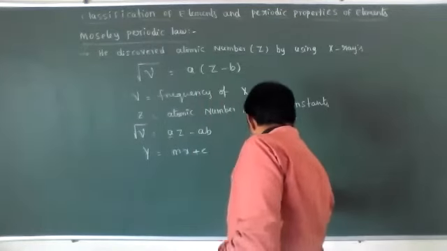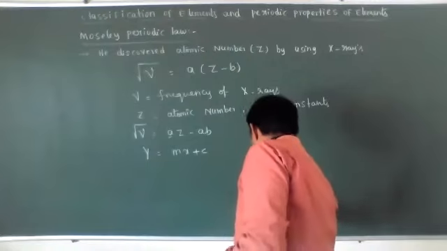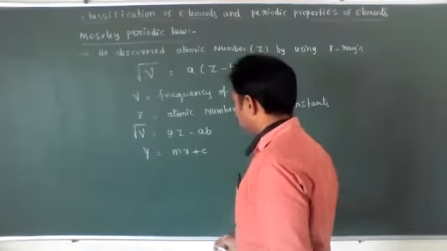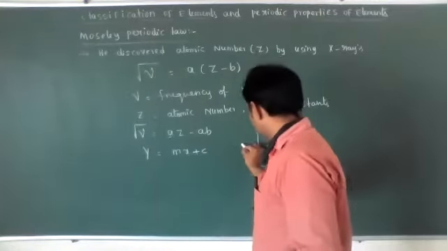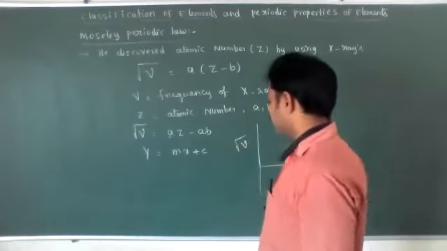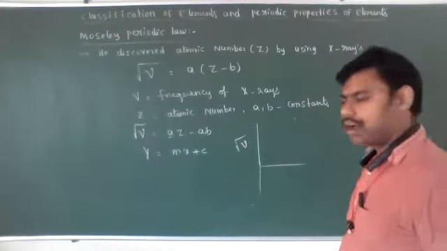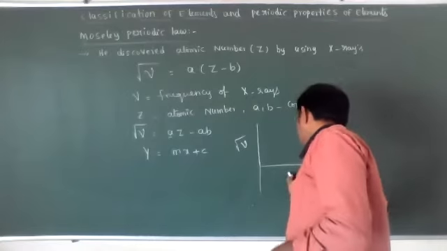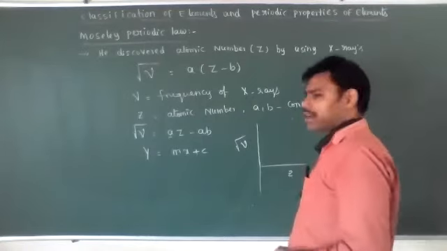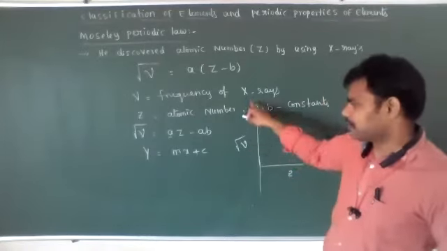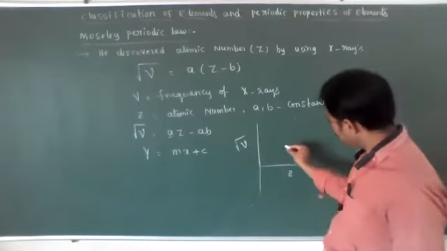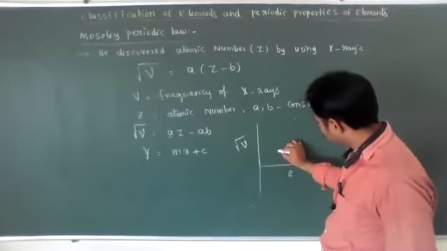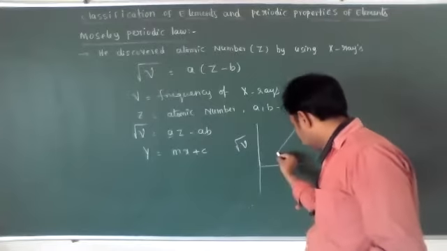Now we get a graph like this. On the y-axis, the frequency of X-rays, and on the x-axis, the atomic number. When the frequency of X-rays increases, the atomic number also increases. Then we get the graph like this.